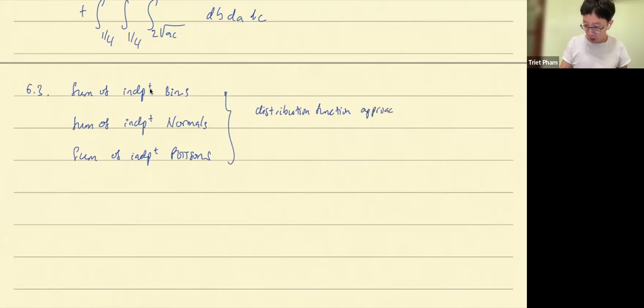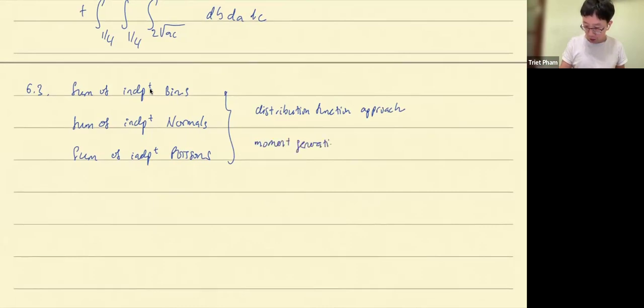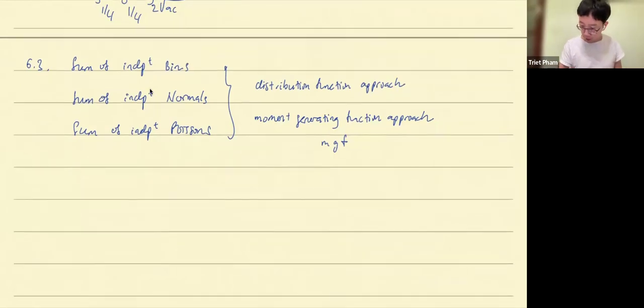What I want to do here is a different approach, which is actually much more common and much easier and much more powerful. What I want to do is called the moment generating function approach, which if you look at the text, and from now on will be referred to as MGF, just to not keep saying a long word. MGF is the topic of 7.7. All right.